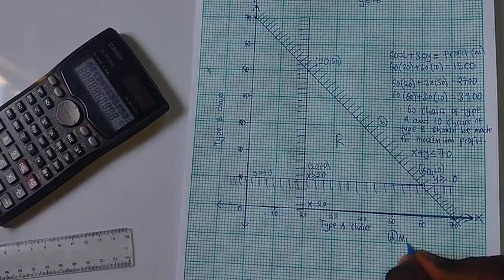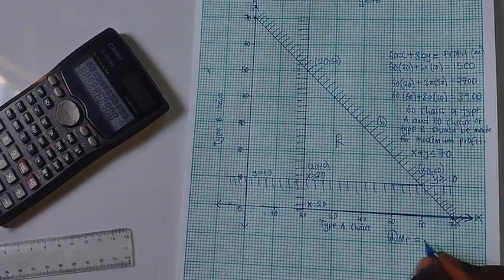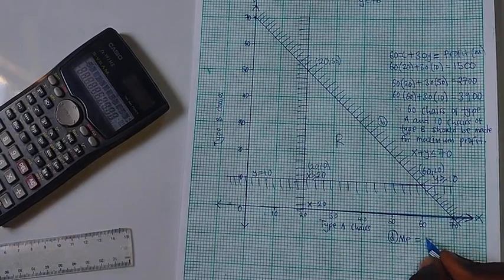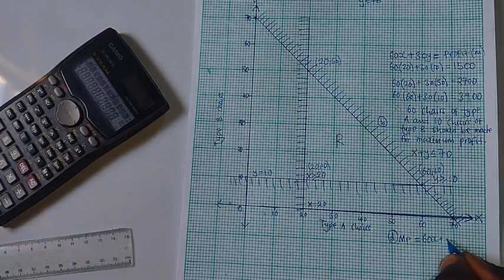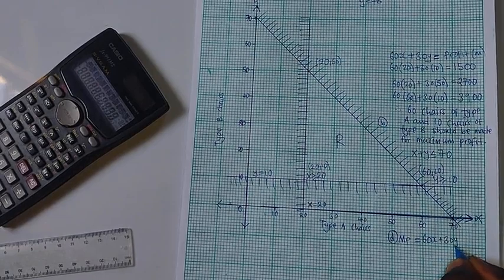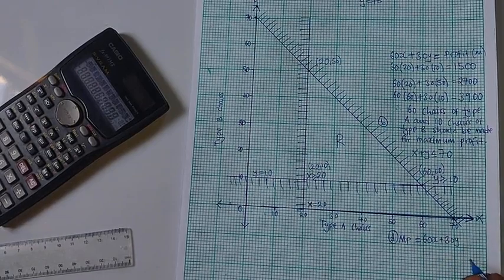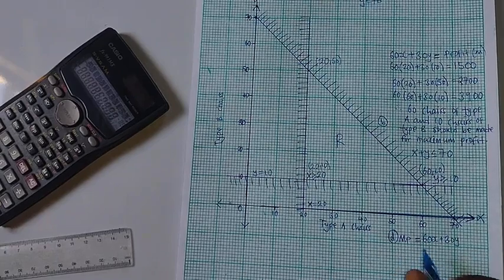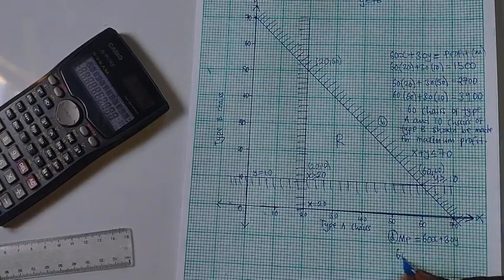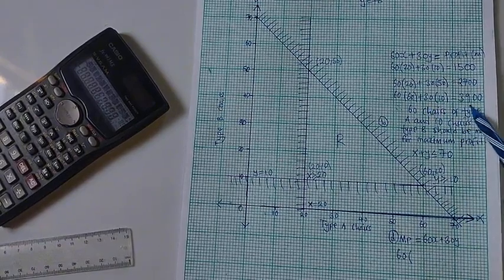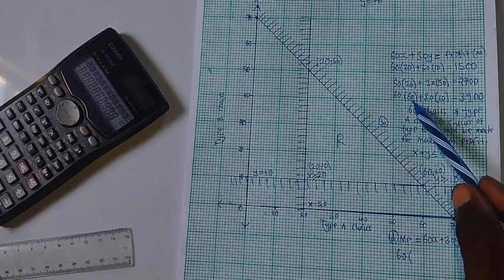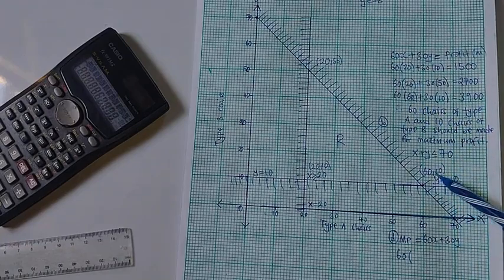Maximum profit, equal to, we'll use the same objective equation that we have, which is 60x plus 30y. This is the one that will give us the maximum profit. We say 60, then we just look at the coordinates that gave us this maximum profit of 3,900. We had the coordinate 60, 10.